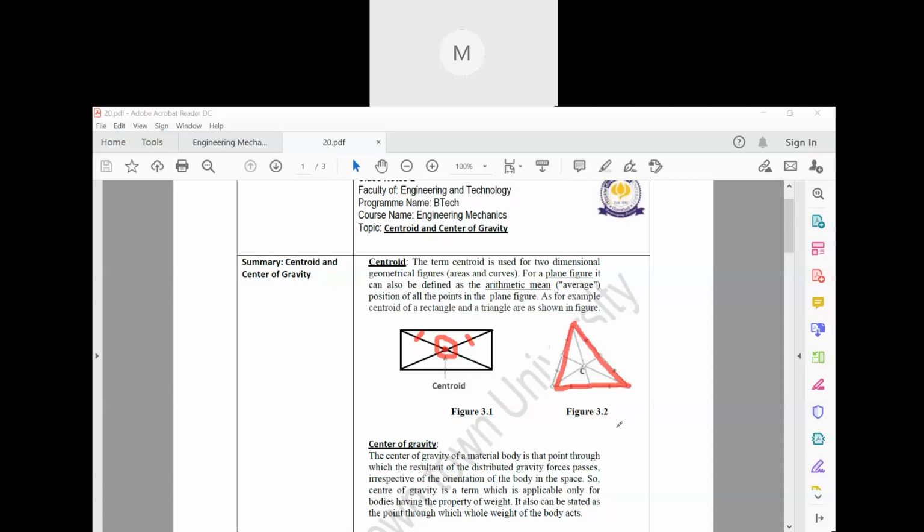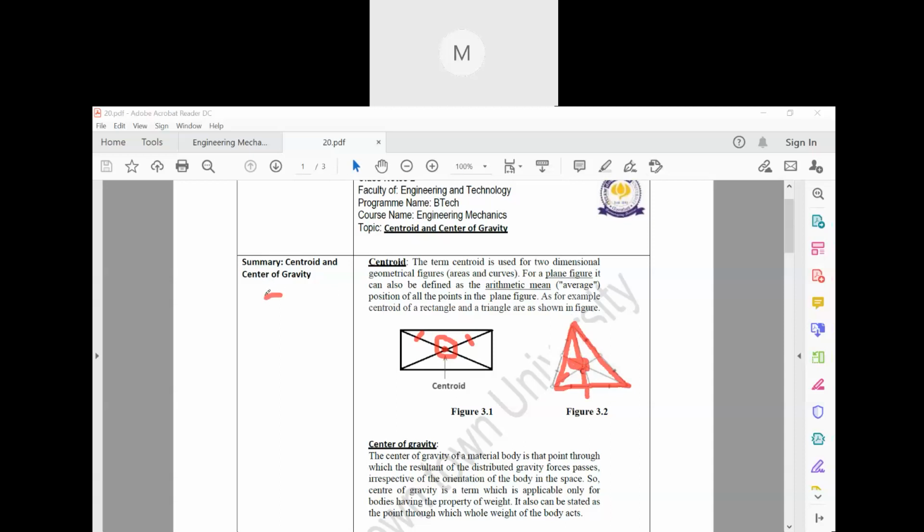So you have to draw the median from one vertex of the triangle to the midpoint of the opposite side. Similarly, you have to draw all three, and the point at which they all meet is known as the centroid.